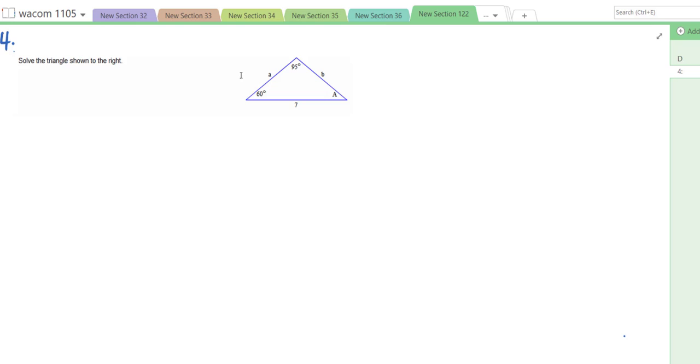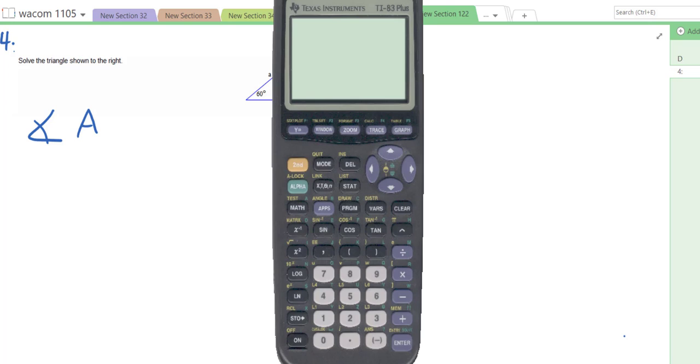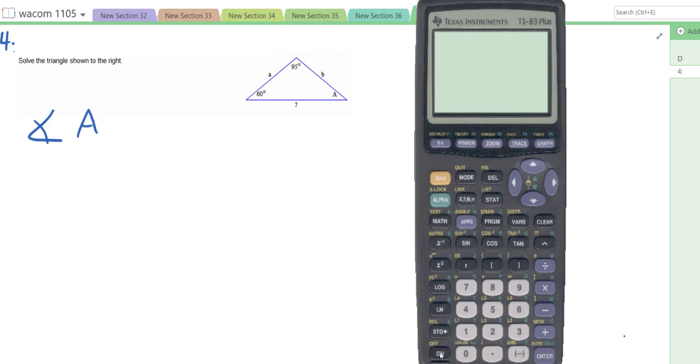You don't have to do that, but that is probably what I would do. All right, so I will find angle A. So I have 95 and 60. So 180 minus 95 minus 60 equals 25.